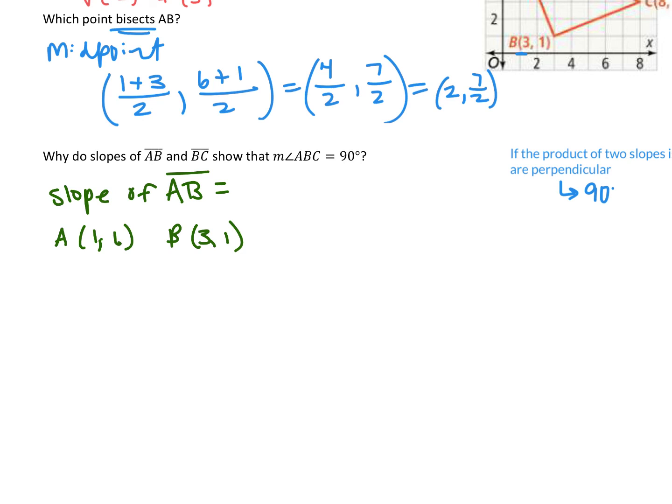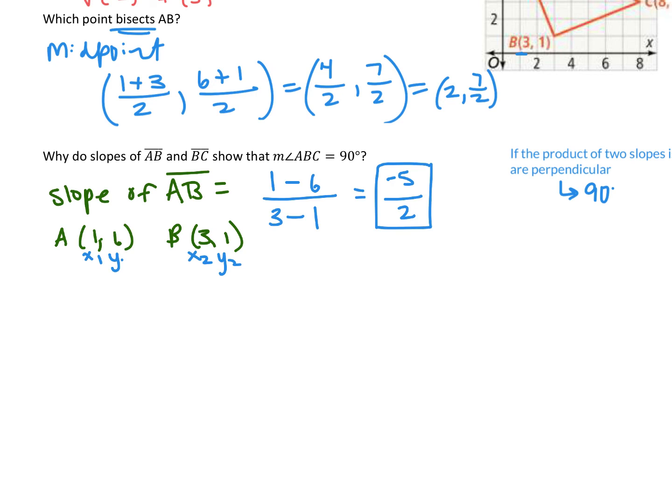It's helpful to label these x1, y1, so they plug into our slope formula pretty nicely. So our first point has x1 and y1. Our second point has x2 and y2. So the slope is y2 minus y1, 1 minus 6, over x2, 3, minus x1, 1. 1 minus 6 is -5. 3 minus 1 is 2. So the slope of AB is -5 halves.